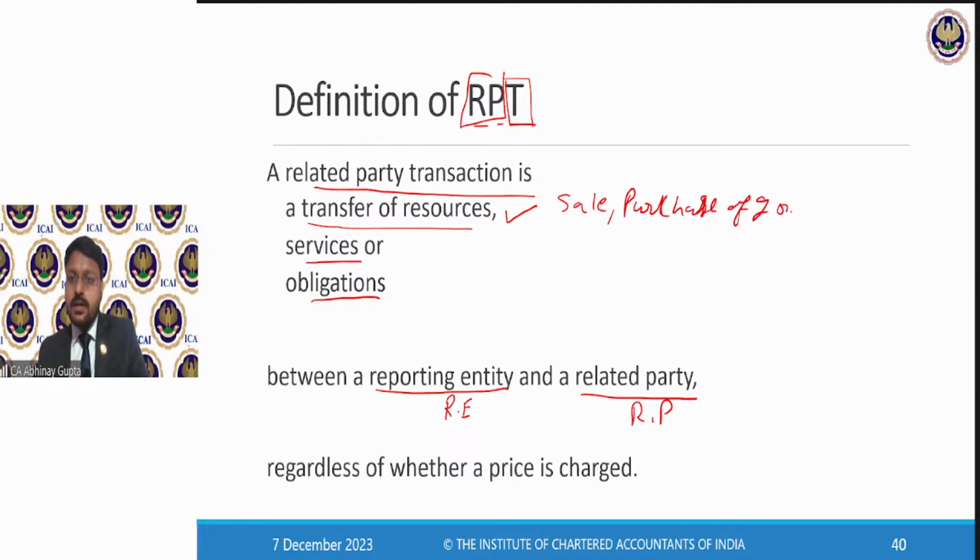of goods and services, right? Or we have provided any other services, for example, KMP services, and we are taking compensation for that, or any obligations, for example, any commitments or financial guarantees.